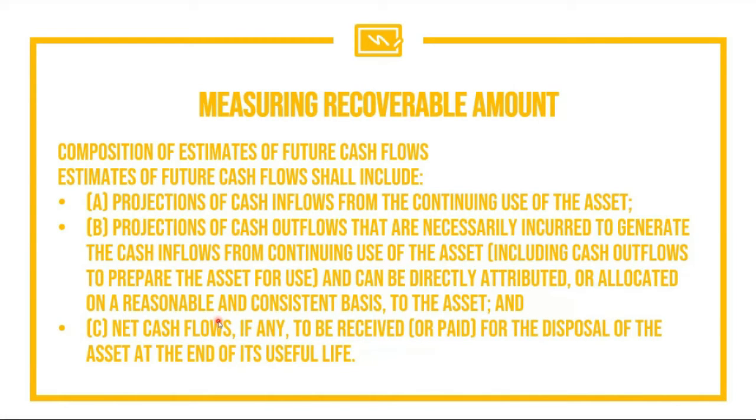We are not supposed to include cash flows for taxation, because those items are specifically stated in the standard as excluded. These are going to be separately determined later on in other sections of the financial statements. So basically, to make it as simple as possible, the cash flow projections should be based on the current condition of the asset.